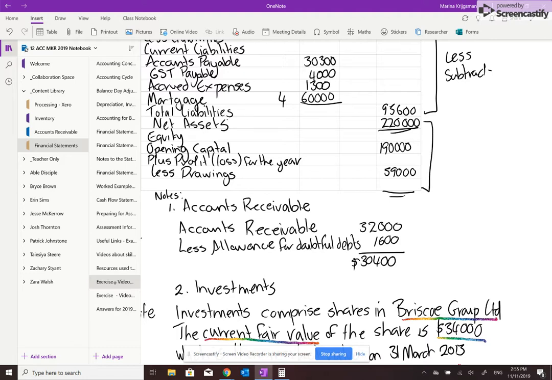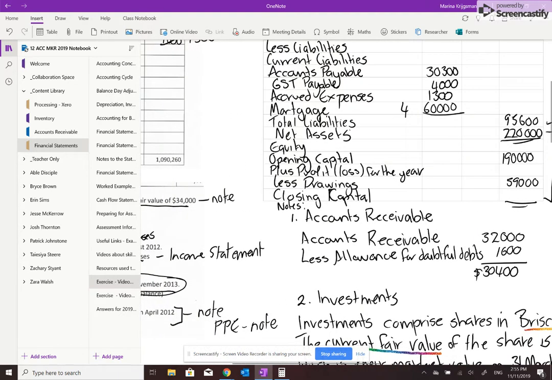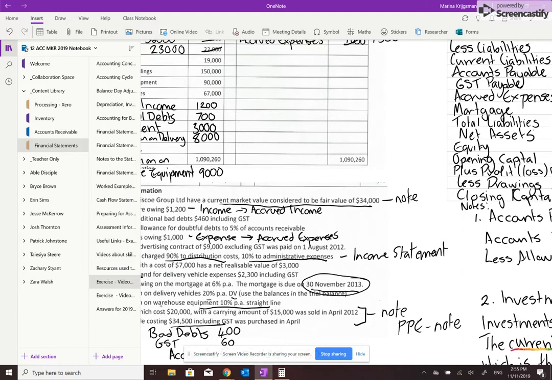So these two should be the same. Okay, so our closing capital should be the same as our net assets. Okay, but to work this out, we're going to have to work out our profit. So let me just calculate that.